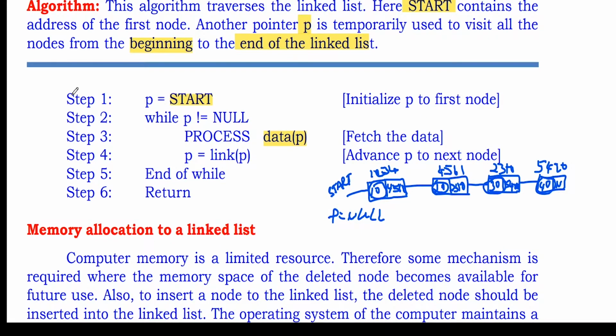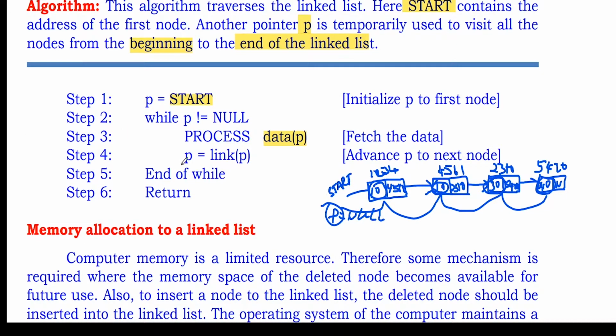So what this step did is we visited each node and applied some process on the data field of each node exactly once. We traversed, visiting all of them one by one. How is it possible? We took a temporary pointer P, and using this P we visited this node, then this, then this, and then it stopped.